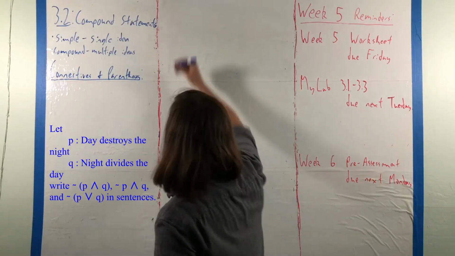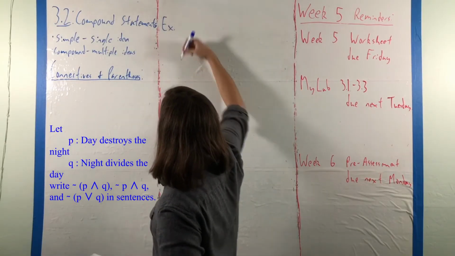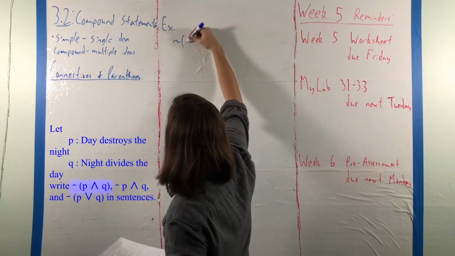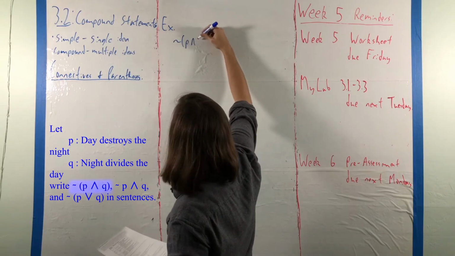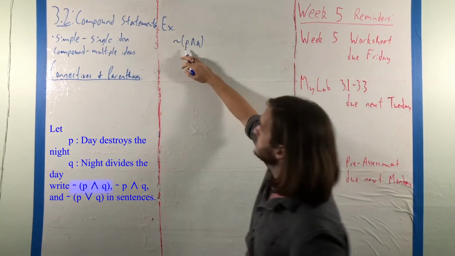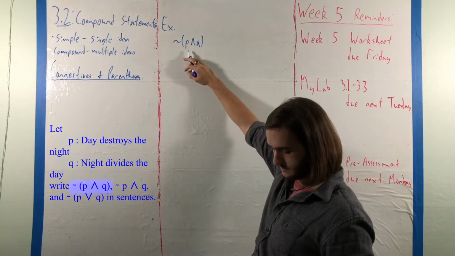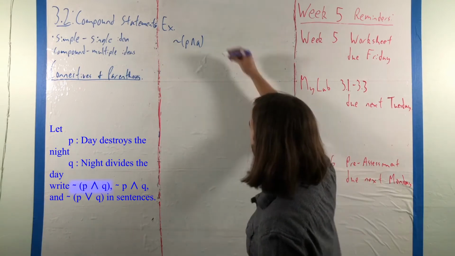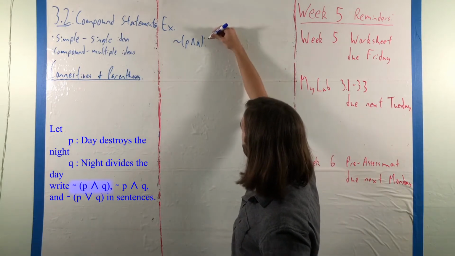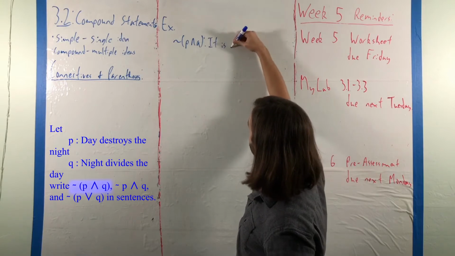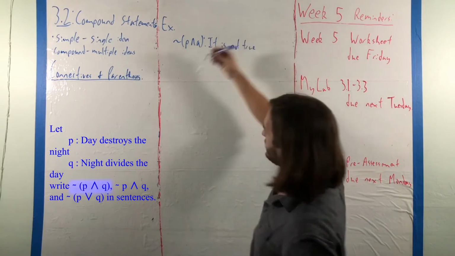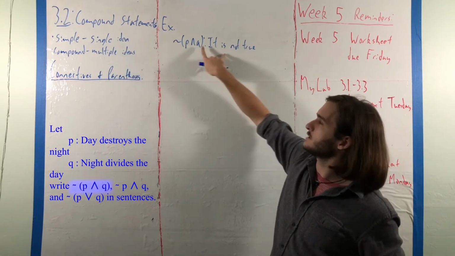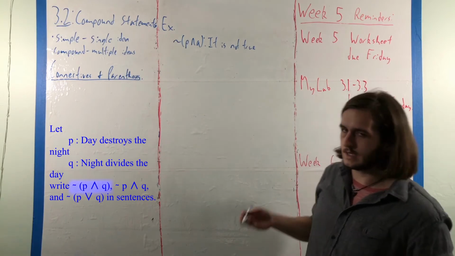So, for the first one, if we want to write not (P and Q), this means we want to take the statement P and Q and negate it. This would be just saying it is not true. Whenever we have a negation on the outside of parentheses, we can always just toss an "it is not true" at the front of our sentence and we get what we need.